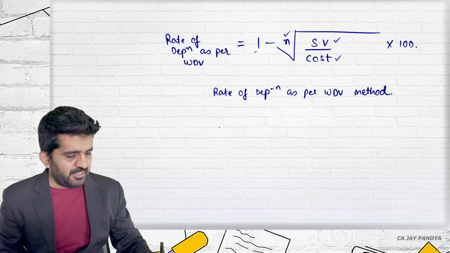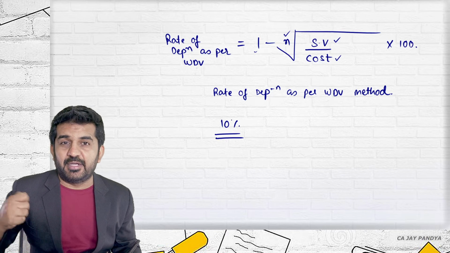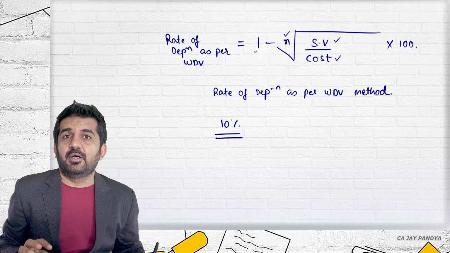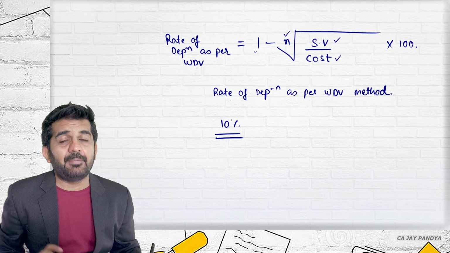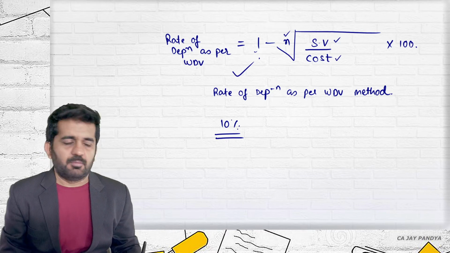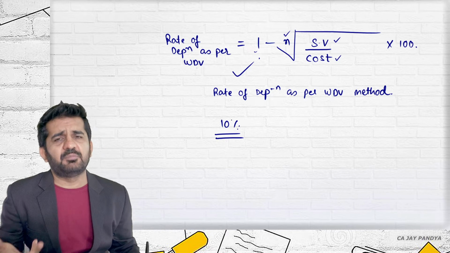See, what happens at your lower standard is they have directly given the rate. Depreciate the asset by 10% WDV. And you find out depreciation by 10% WDV. But how do you find out that 10%? It is nothing but by this formula. You can just remember this formula at the back of your mind, as it is sometimes helpful.